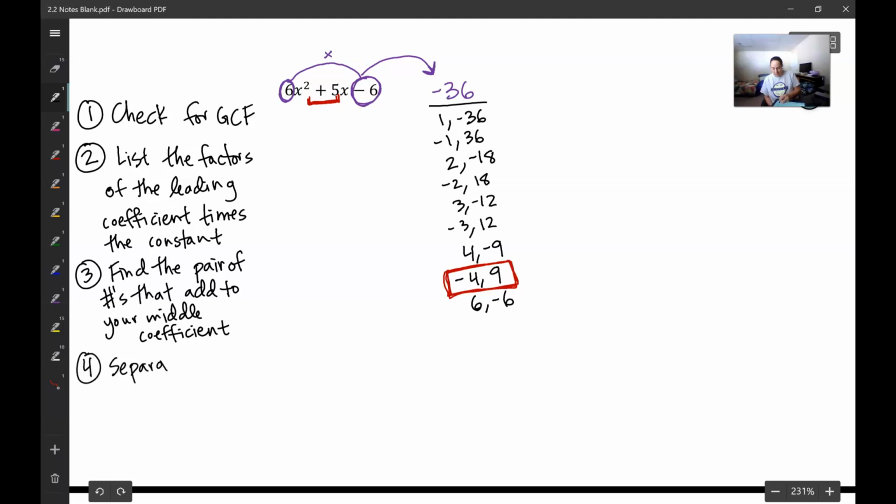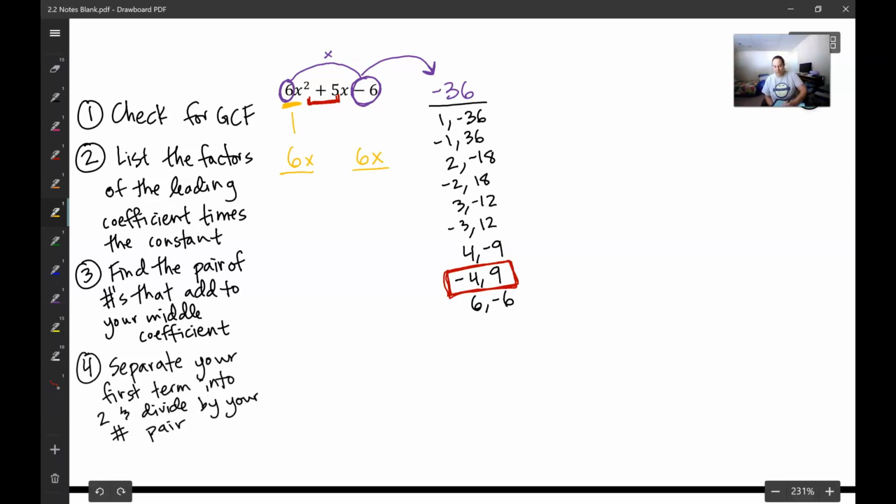So, step 4. Separate your first term into 2 and divide by your number pair. So here's what that means. I'm going to take my 6x squared and I'm going to put it into 2 6x's.